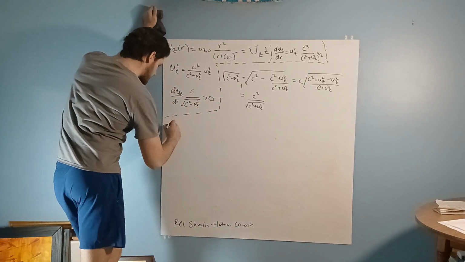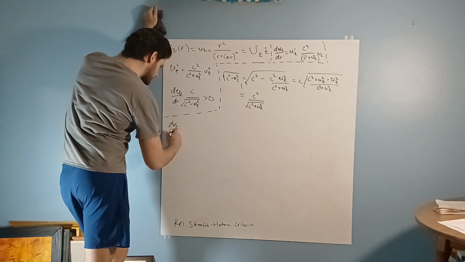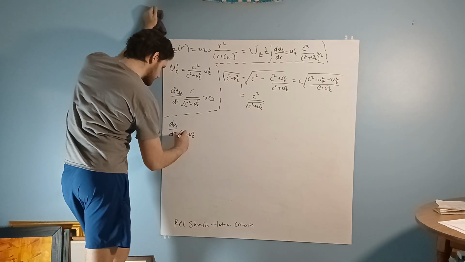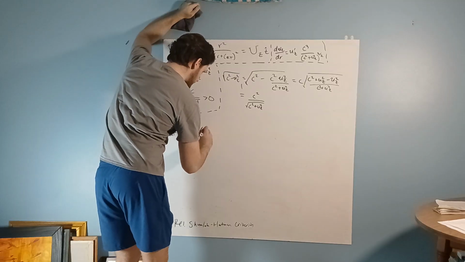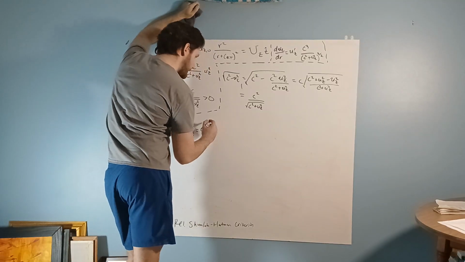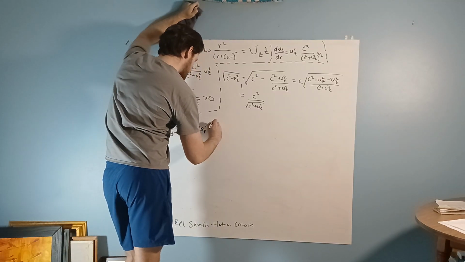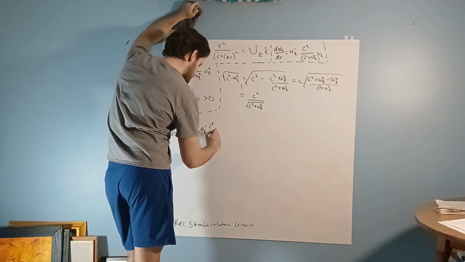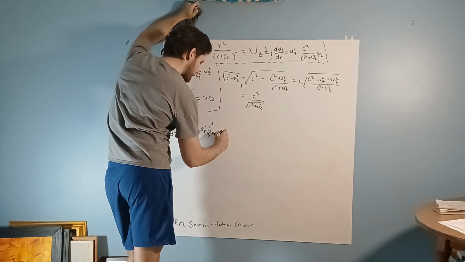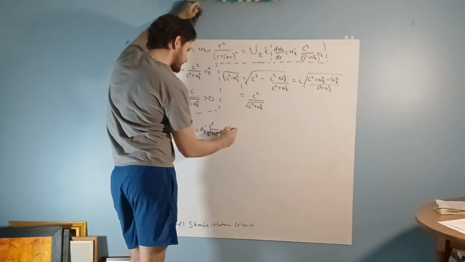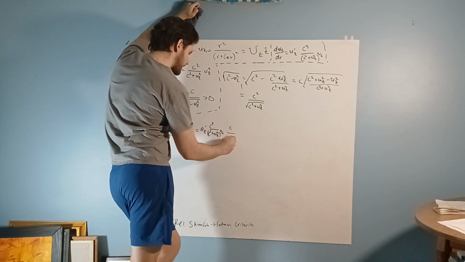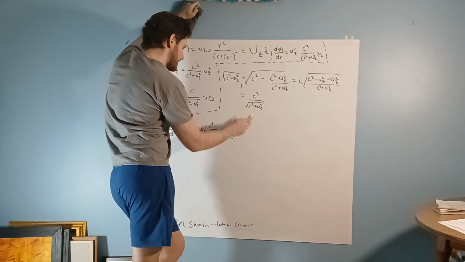So what's this? Well, it's uz prime c cubed, and then we've got another c here, a c squared on the bottom, and this comes to the top.